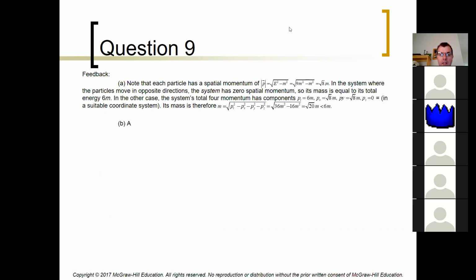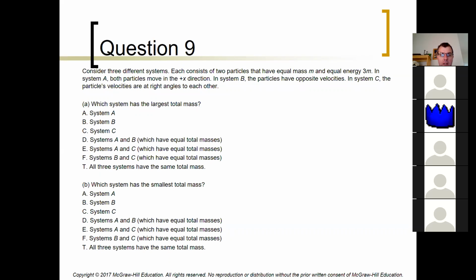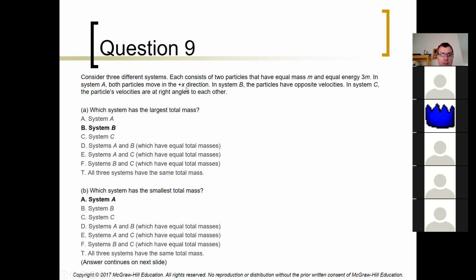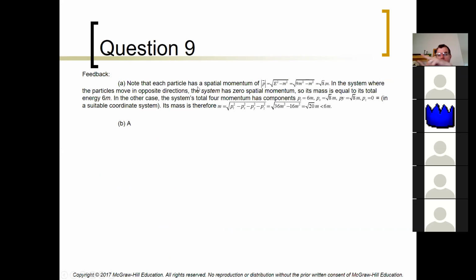And in the first system, if we go back, system A, they're both going in the same direction. So if they're both going in the same direction, then that system has the largest momentum. So E squared minus the square of a really large momentum is going to give you a small mass squared.